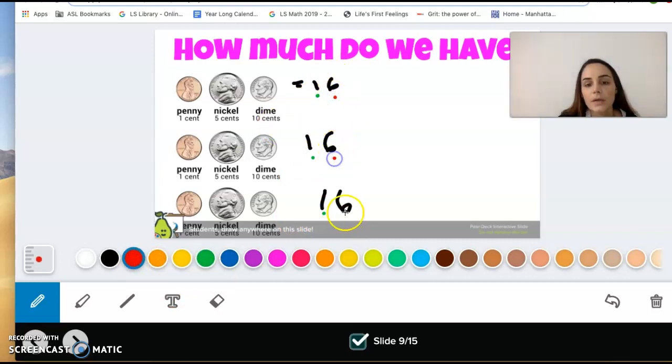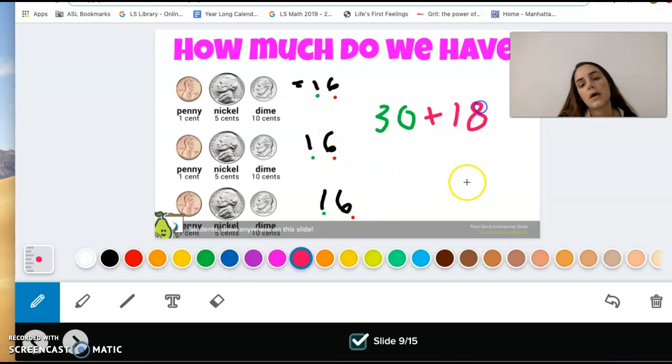So I'm gonna color code it into tens and ones. So okay, I know 10 plus 10 plus 10 equals 30. I have my tens already. And then I'm gonna count my ones. 6 plus 6, 12, plus 6, 18. Okay, and then my final answer will be 30 plus 18 equals 48 cents.